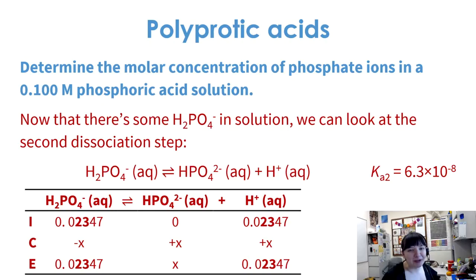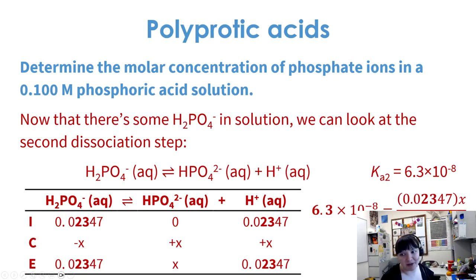Now again, going through the motions here, I can use my ice table, use my Ka constant that I have, and solve for X. Now setting things up, it's important to note that because Ka is so small, the concentration of both the H2PO4- and the H+ are not really going to change at all. So our equilibrium amount is still basically 0.023.